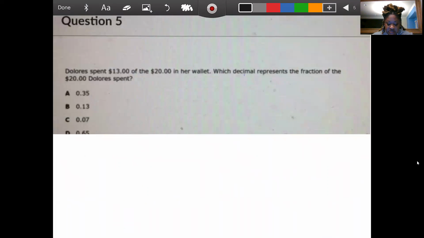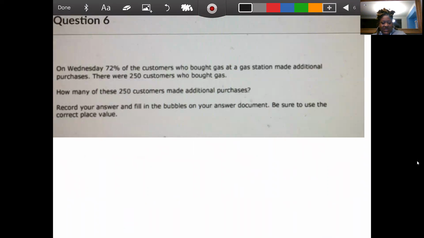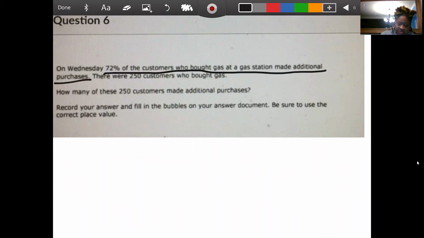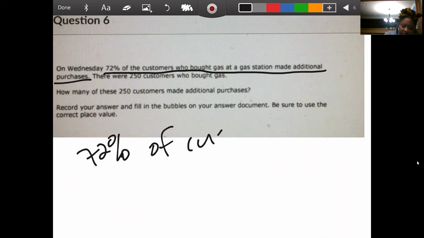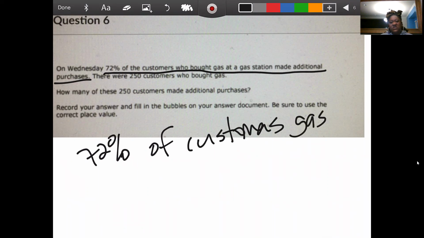Okay, number 6. On Wednesday, 72% of the customers who bought gas at a gas station made additional purchases. So 72% of the customers, I'm just going to put gas, but you know that's the customers who bought gas. 72% of the customers who bought gas bought additional stuff like Takis, chips, Snickers, Gatorade, whatever.